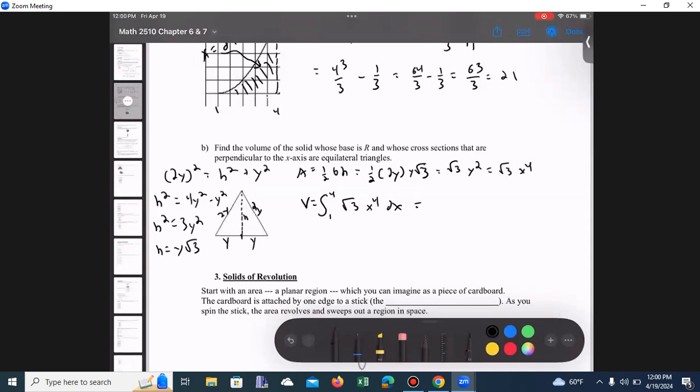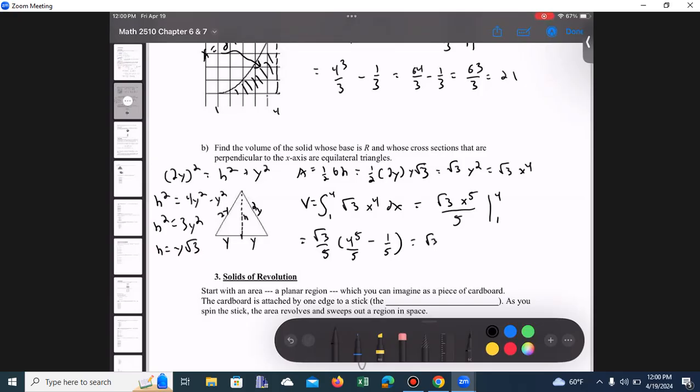And so we will get square root of 3 x to the 5th over 5, integrate from 1 to 4. The square root of 3 over 5 times 4 to the 5th over 5 minus 1 over 5.